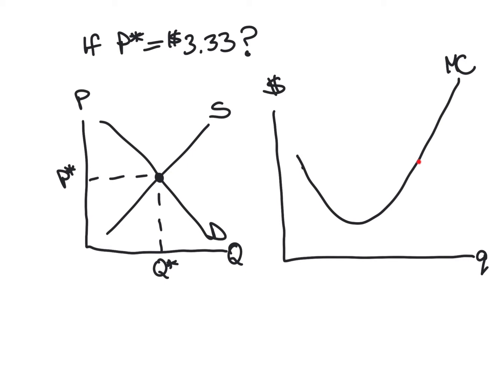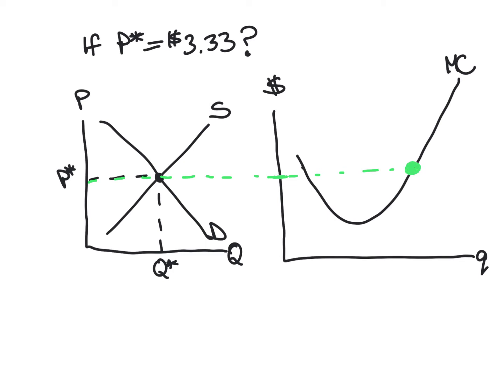All right, so even though the table of data shows us $3.33 occurs here on the marginal cost curve and here, we can really ignore this downward sloping part of the marginal cost curve. So that being said, we know that our producer will choose how much to produce by setting price, the market price of $3.33, equal to their marginal cost.